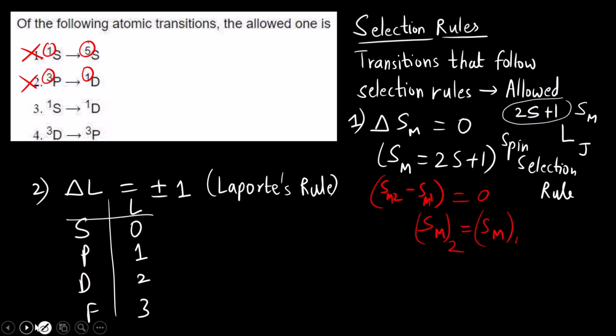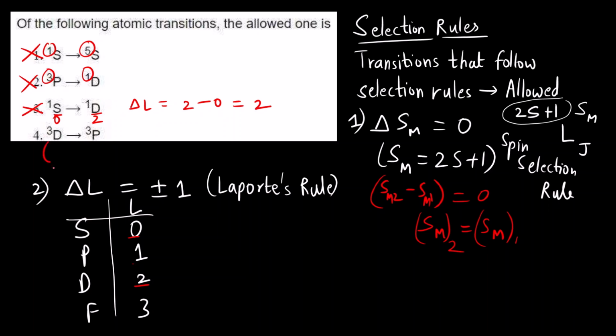Now let's find out the delta L. For S it will be 0, for D it will be 2. So delta L will be 2 minus 0, that will be 2. Does this follow Laporte's rule? No. So that is why this is incorrect.